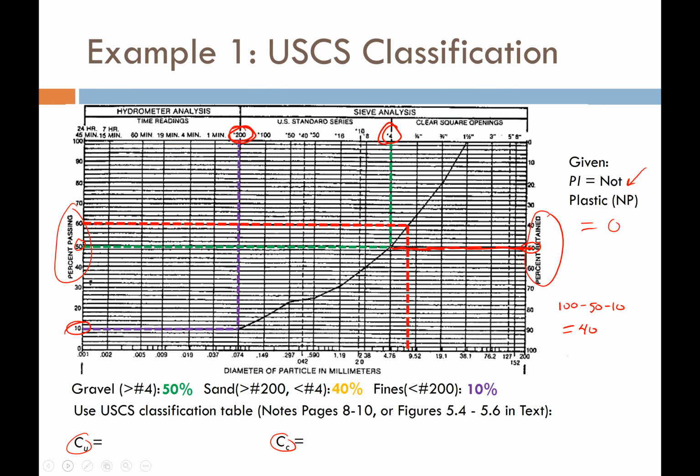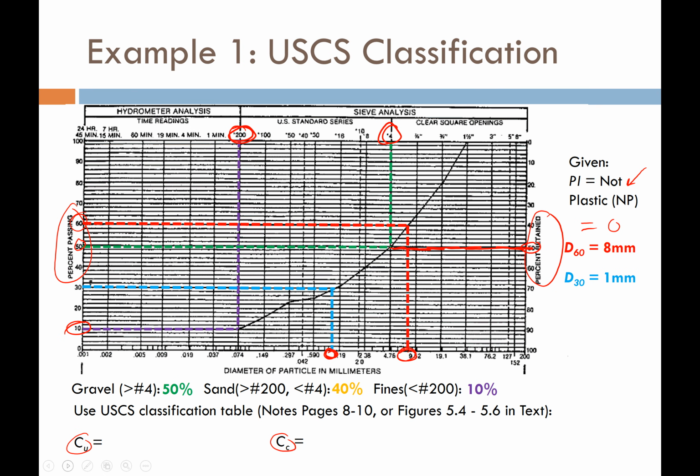So to do that, I need to get my D60. So here's my 60% passing. I go over to my curve and down, and that's this number right here. And that is approximately 8 millimeters or so. Then my D30 is associated with this number right here, and that's about 1 millimeter.